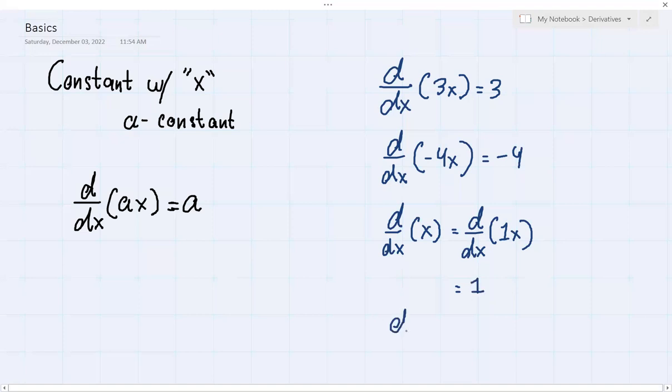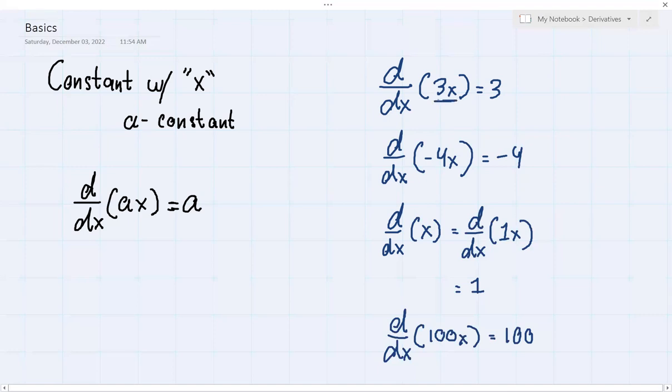Okay? So one more. Kunin natin yung derivative ng 100x. Anong sagot mo rito? Ang sagot mo ay si 100. So what did you notice? Okay? We noticed that kapag meron tayong term na may constant na may x, ang sagot natin is yung constant niya.